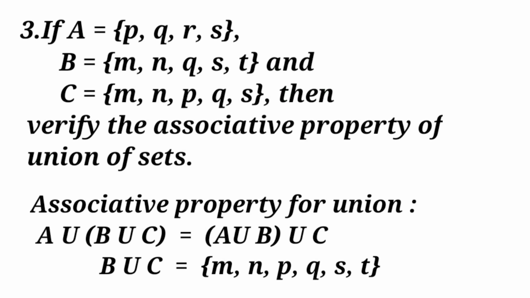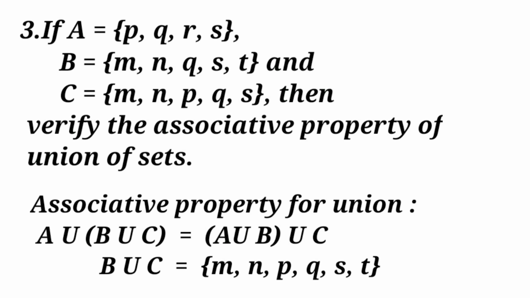We know the associative property of union of three sets: (A union B) union C is equal to A union (B union C). First we find the left hand side, A union (B union C).